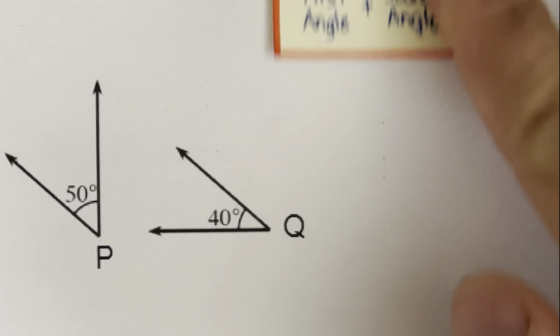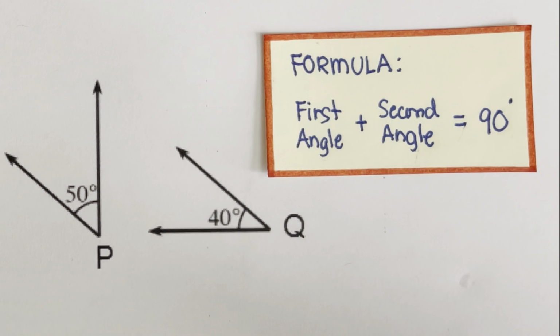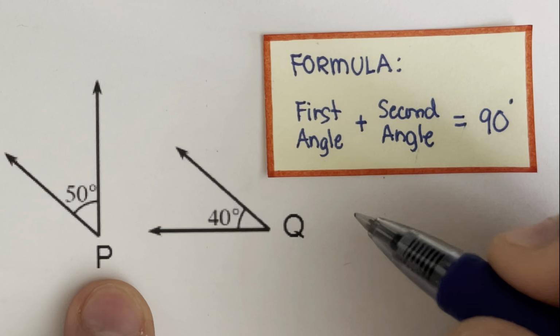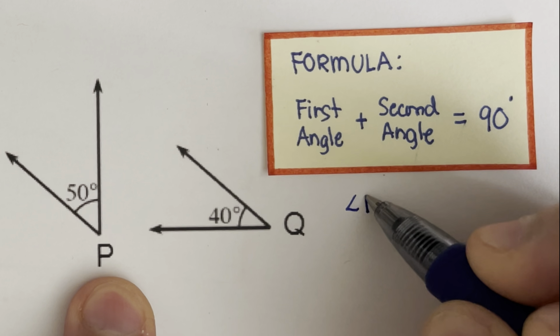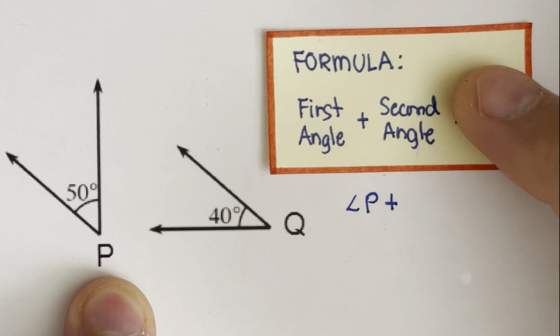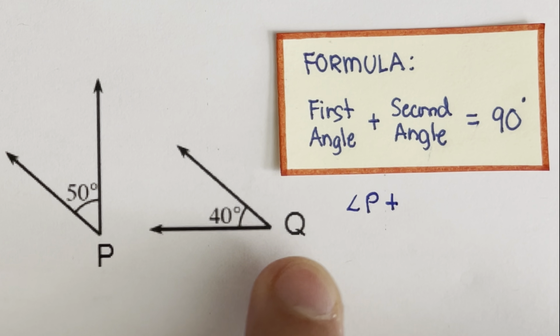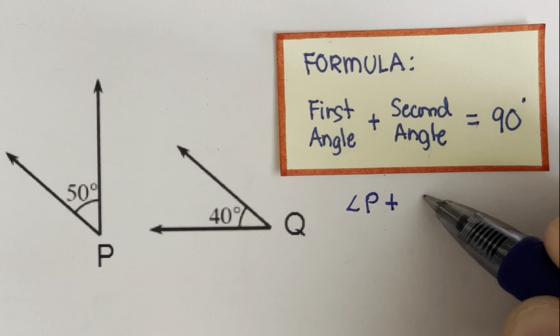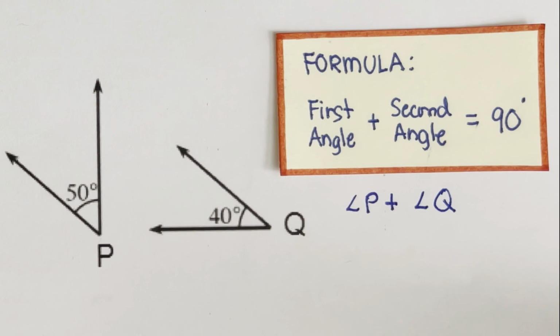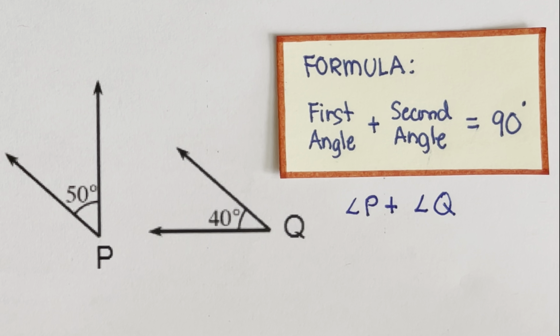We remember that the formula is first angle plus second angle is equal to 90. Our first angle here is angle P, so I'm going to write angle P, plus the second angle here is angle Q. Let's look at the measure for each of these two angles.